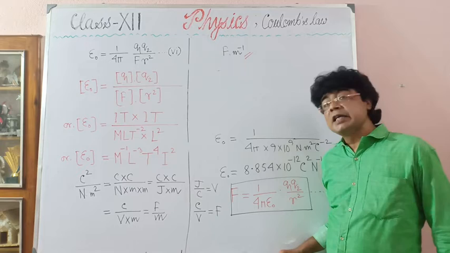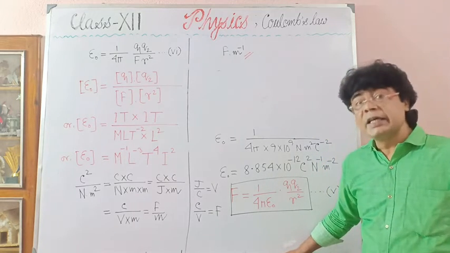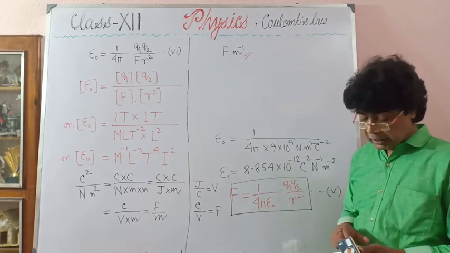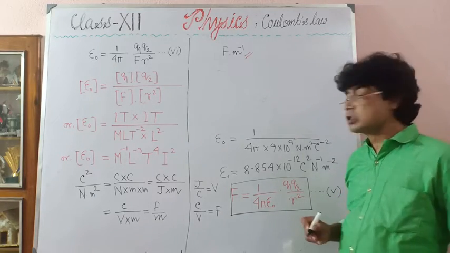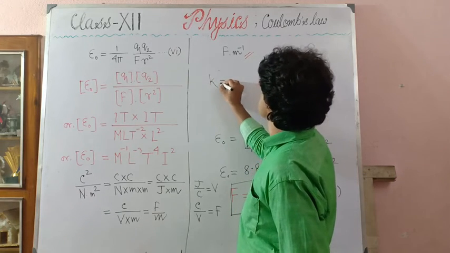Now, in the CGS system, for vacuum, the electrostatic constant K equals 1.